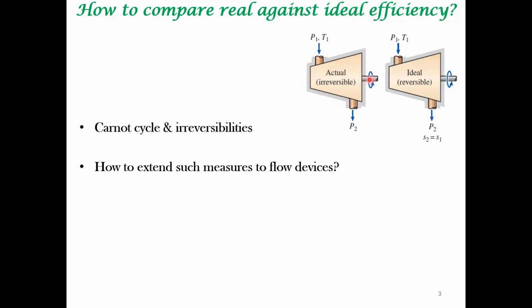The ideal device has idealization at two levels. One is that it operates adiabatically. And also, if we add an additional constraint that internally there is no irreversibility, then we can say that an isentropic device operating reversibly would be your ideal system.